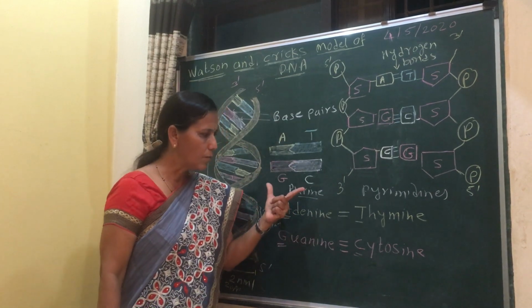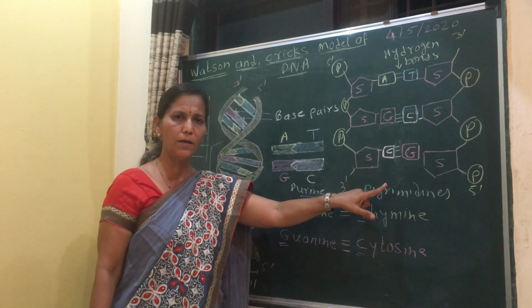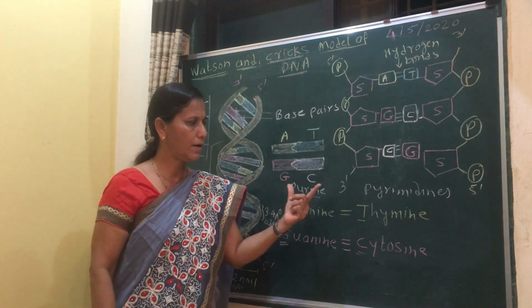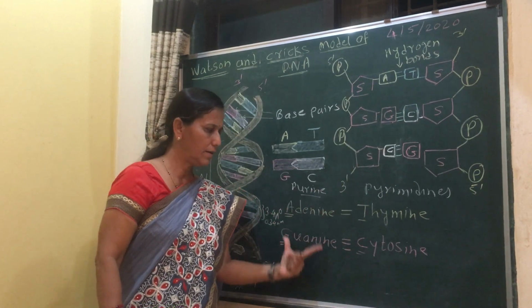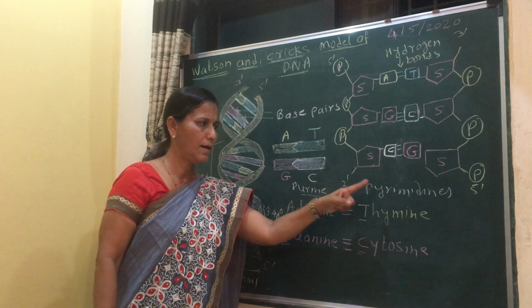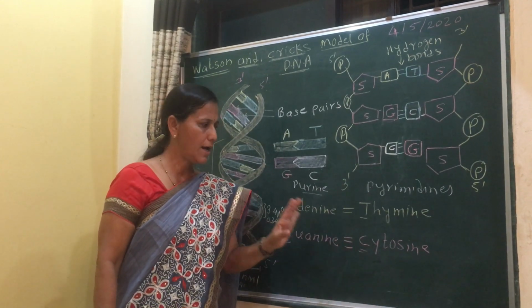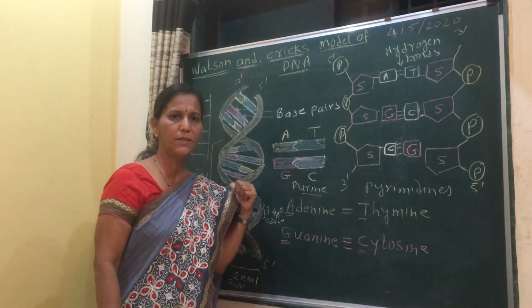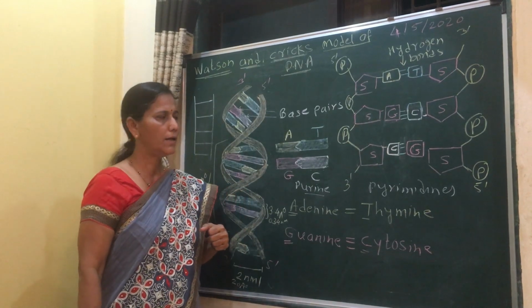As one larger purine always pairs with a smaller pyrimidine, there is a coiling. They are not similar. Purines are dicyclic, and pyrimidines are monocyclic. As they pair, there is a coiling of this DNA strand. This coiling takes place through 360 degrees.